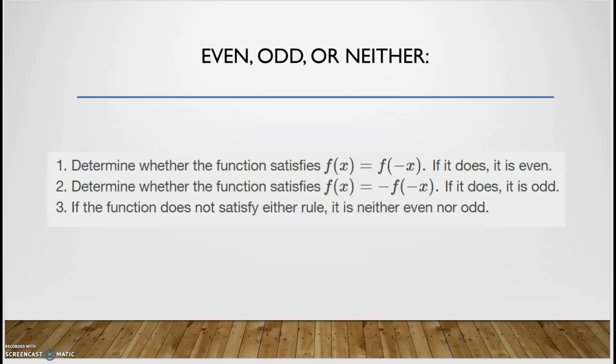So we're going to try to find out if a function is even, odd, or neither. If we plug in the negative x and nothing changes, we know it's even. If we plug in the negative x and all the signs have changed, it's odd. If neither one of those happens, it's just neither.